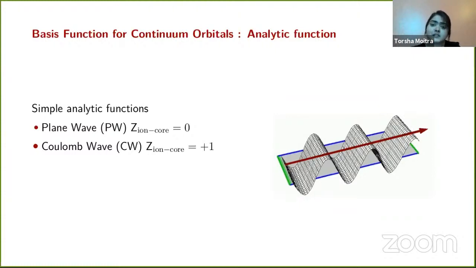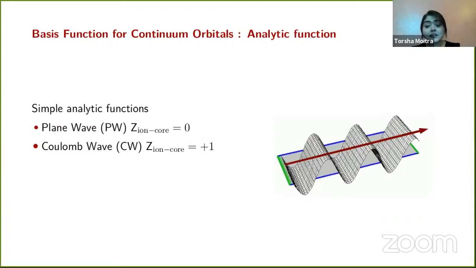The simplest approach is to use plane wave or Coulomb wave formalisms. I must also mention here that the generally used Gaussian type or Slater type orbitals are deemed unfit for this purpose. The plane wave considers that after the ionization has occurred, the charged ion core has a charge of 0.